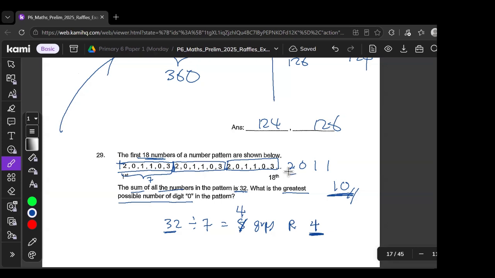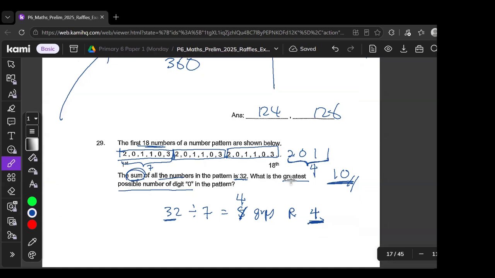Because when you add the last digits, the sum is 4. Not because there are 4 numbers, but because we are talking about the sum. So when you divide, the remainder is referring to the sum. So this is the sum, which is 4, not 4 digits.